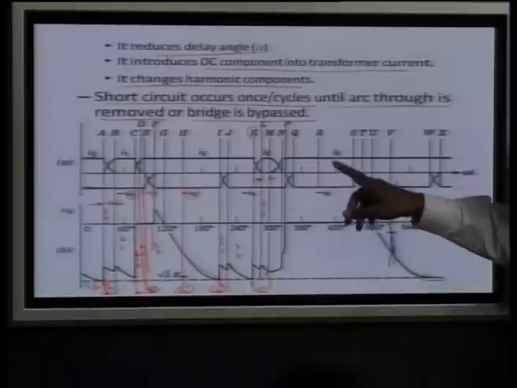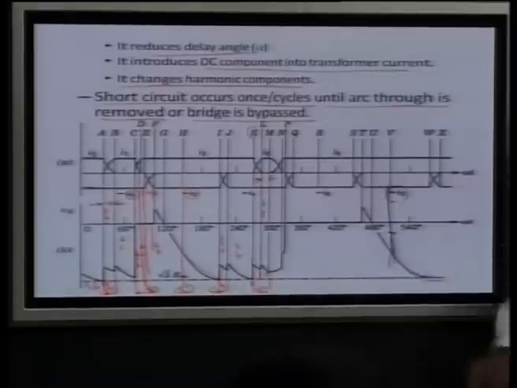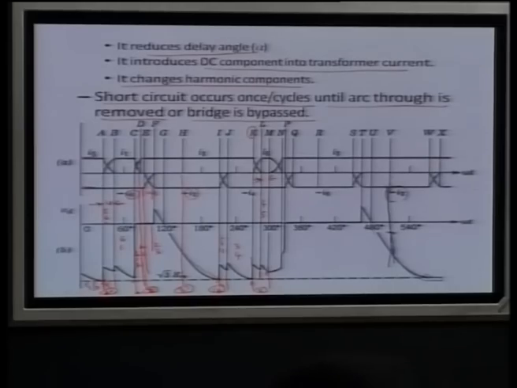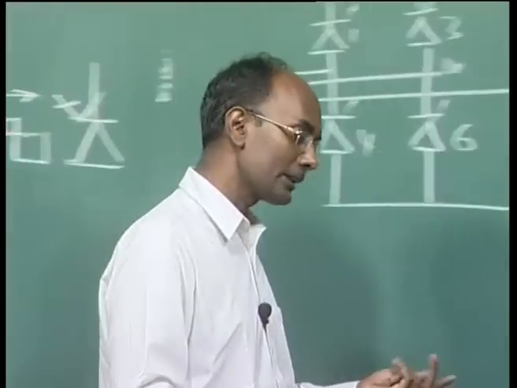Now, after that, at this point you are going to give the gate pulse to 1, but it will not conduct because the voltage across it will be negative.